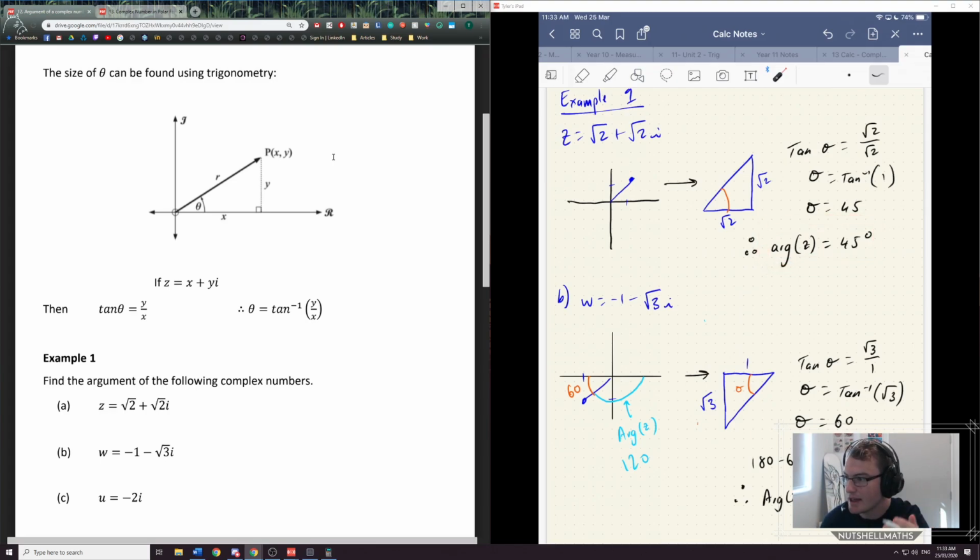What was the A and B component, the real and the imaginary component? What was special about the real and the imaginary component of our complex number when the argument is 45 degrees? Moo's on it. Isaiah's on it too. They're the same.